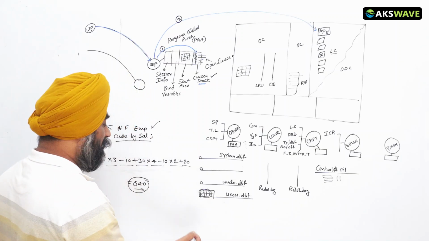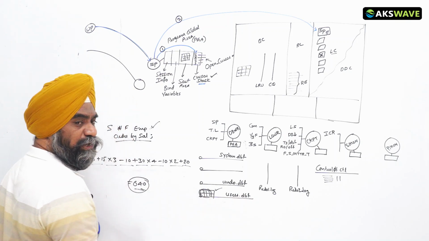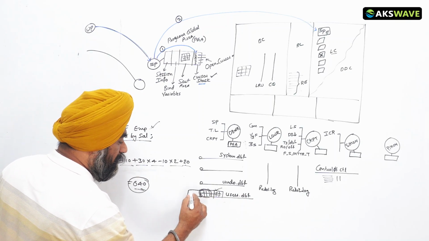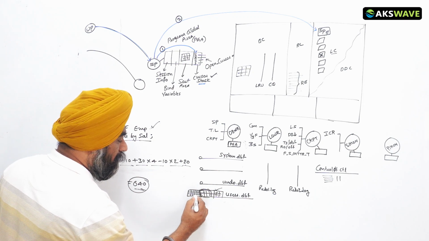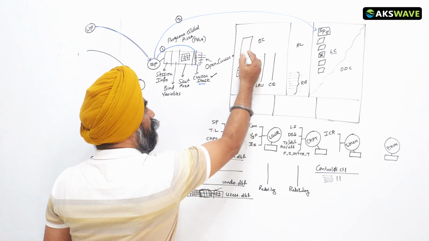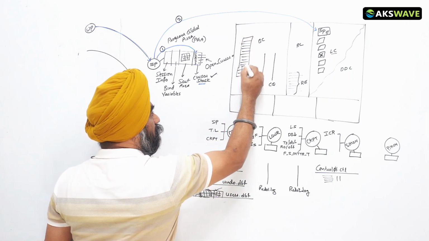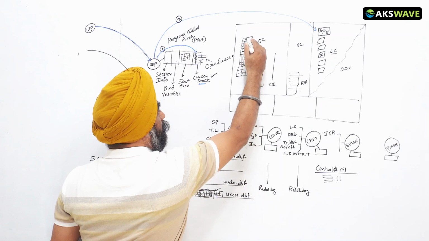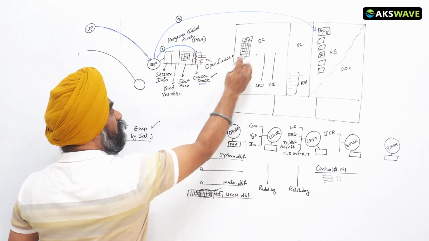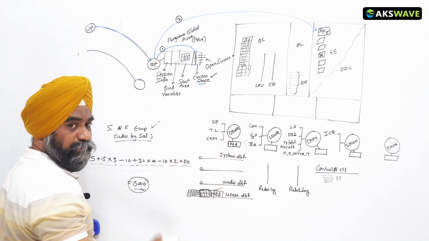Now, if the table is really very huge, with so many blocks, and I'm going to take this data, but I don't have enough PGA to accommodate the entire table.